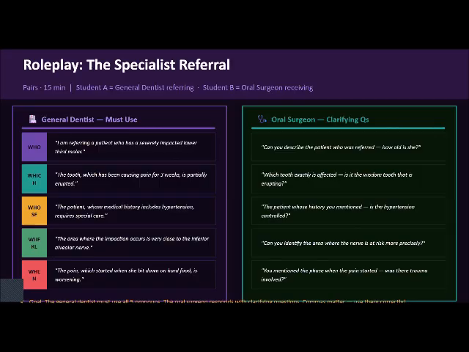Ivanovich. Yes, the patient whose medical history includes hypertension requires special care. Right. Let's go with Miranda.